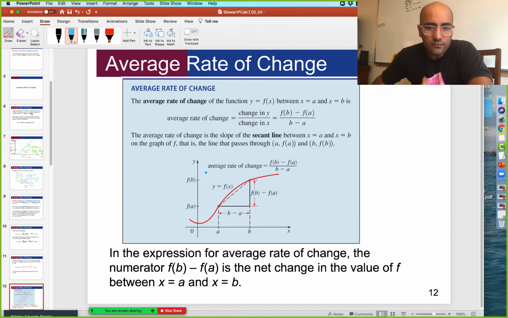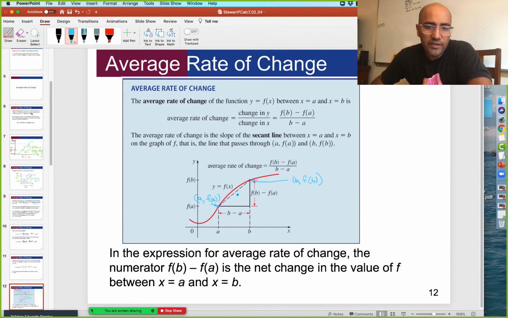From here, this point right here would be the point a comma f of a, and this point over here is the ordered pair b comma f of b.